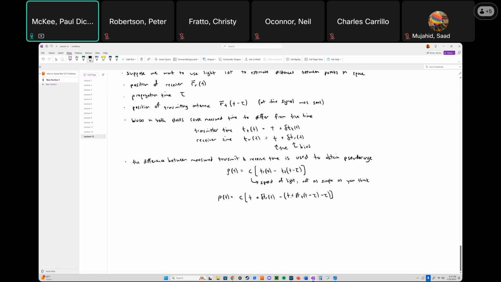And we can simplify things a little bit. This t and this t will cancel out. Rho of t is equal to c times (delta tR of t minus delta tT of t minus tau), and then this is minus minus, so this is plus tau.